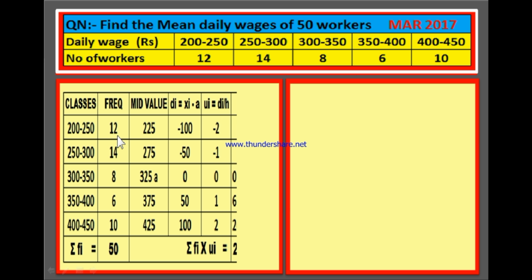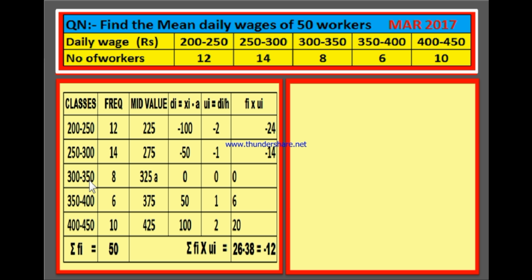In the class 200 to 250, the frequency is 12; in 250 to 300, the frequency is 14; in 300 to 350, the frequency is 8; in 350 to 400, the frequency is 6; and from 400 to 450, the frequency is 10. These two columns, classes and frequencies, are given in the question itself.